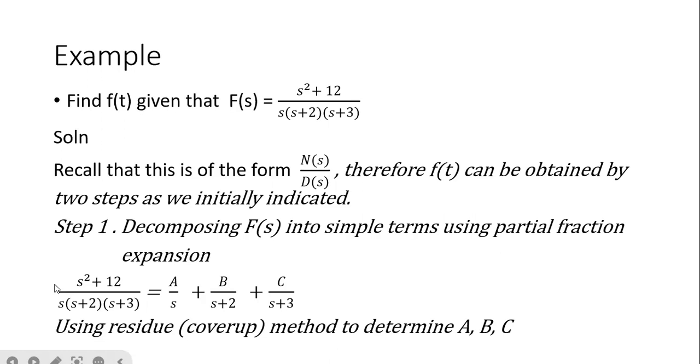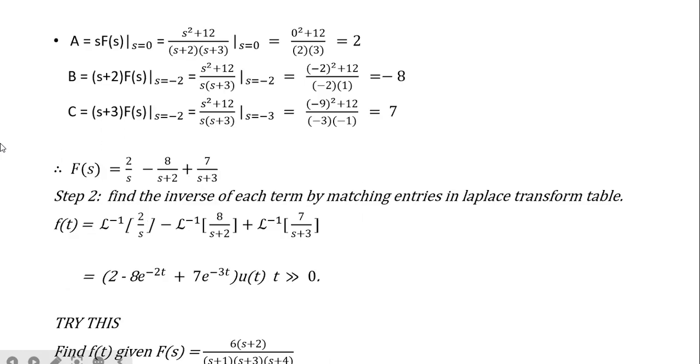We are covering this side. We're just considering this side. So multiply this side by s. You get that? Then substitute for s equal to 0. So we're multiplying F of s by s, which is this function by s.